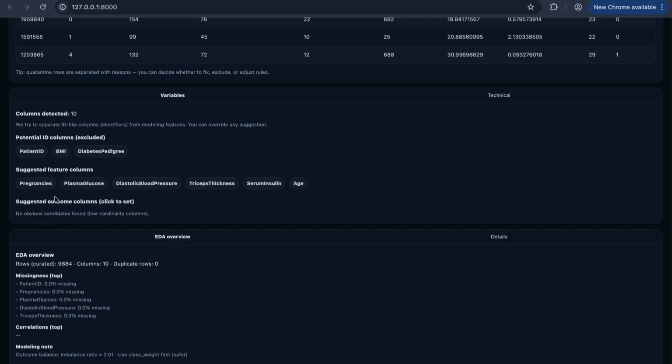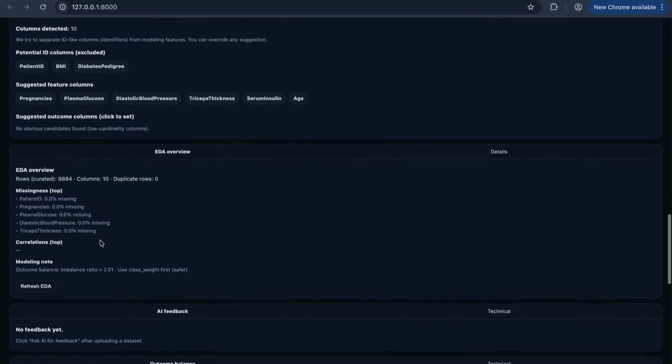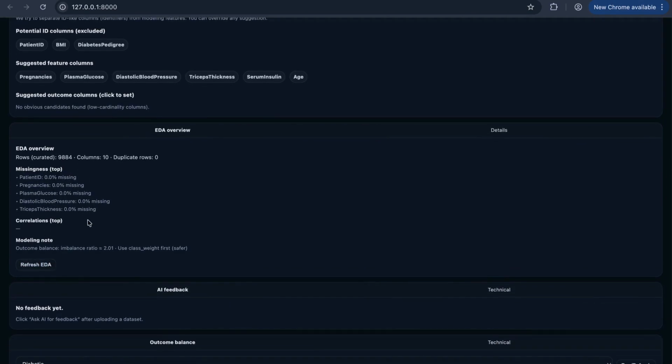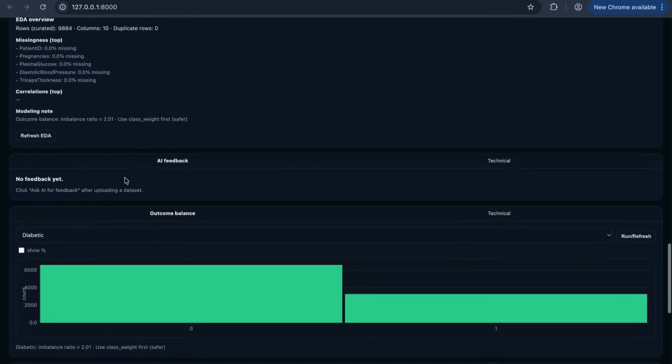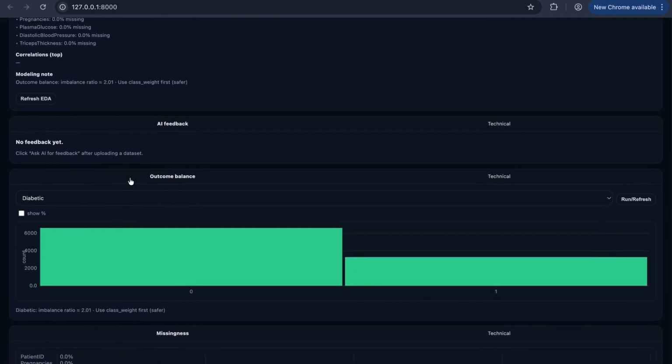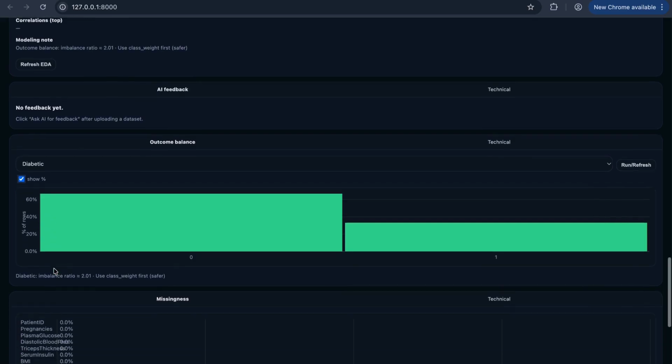We can choose our outcome, the target one, and we can choose the EDA to make the analysis. In this case, we will look at the balance of our outcome. In the case of diabetic, we can see that there are more zeros than ones, and we can show this in percentages also.